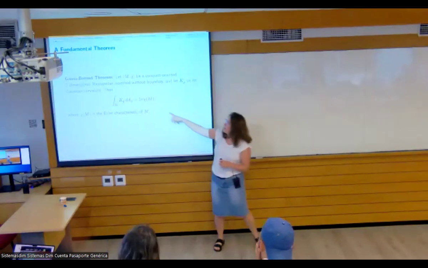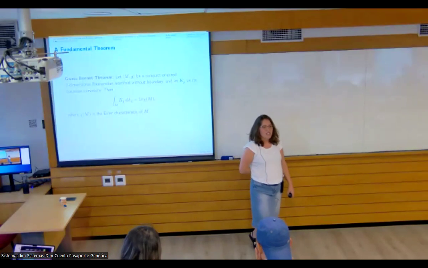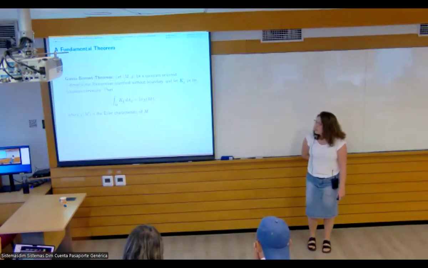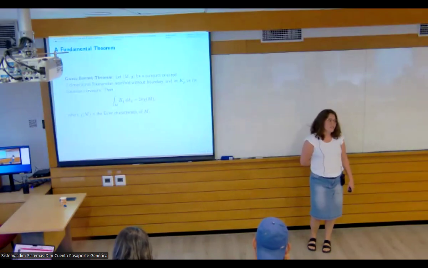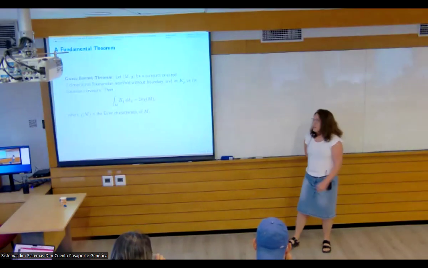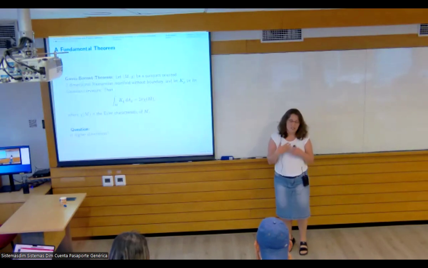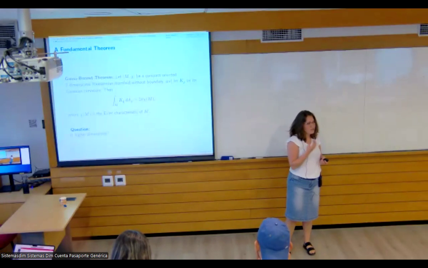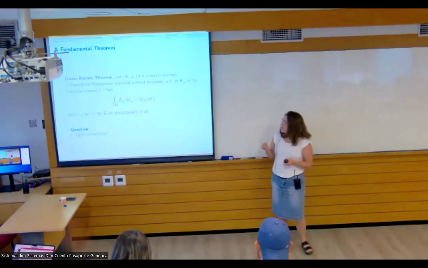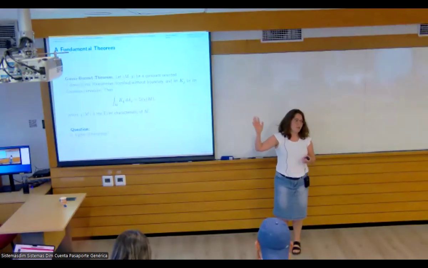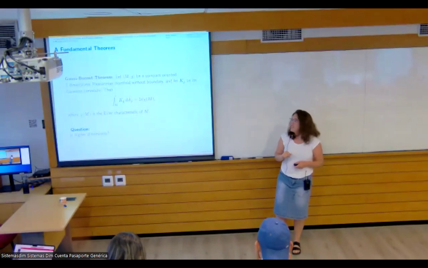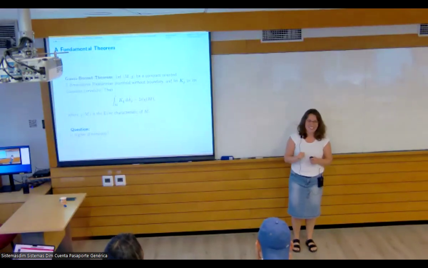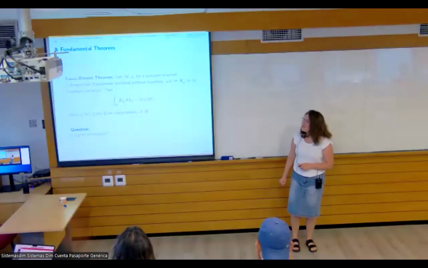It depends only on the topology, because it's equal to 2 pi times the Euler characteristic of the manifold. So the question is, in higher dimensions, is there also another quantity like the Gaussian curvature with some kind of property similar to this one? Well, spoiler, it will be the Q-curvature, at least in dimension 4.